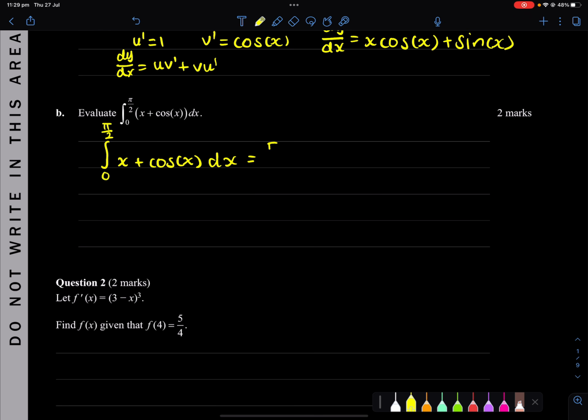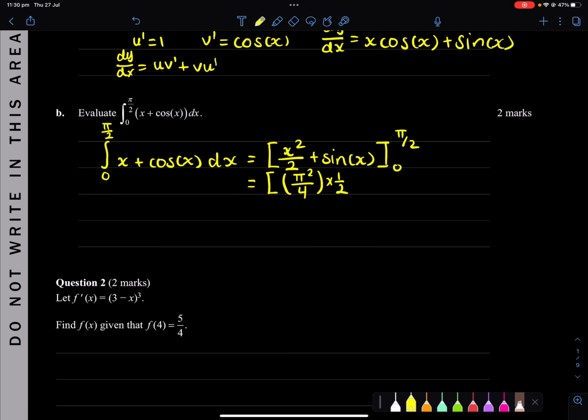I'm going to put a square bracket, so it'll be x squared over 2 plus sine x, close bracket, from 0 to pi on 2, which will equal: if we put in pi on 2, it will be pi squared over 4 divided by 2, which is just multiplied by half, plus sine of pi over 2, which is 1, so we can say plus 1.